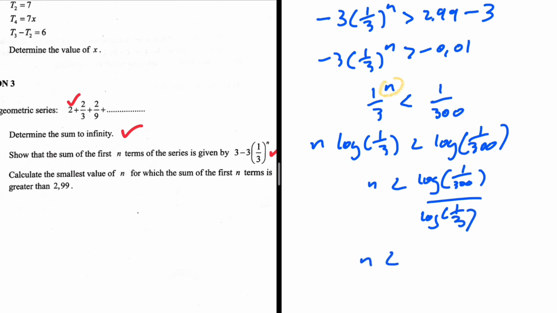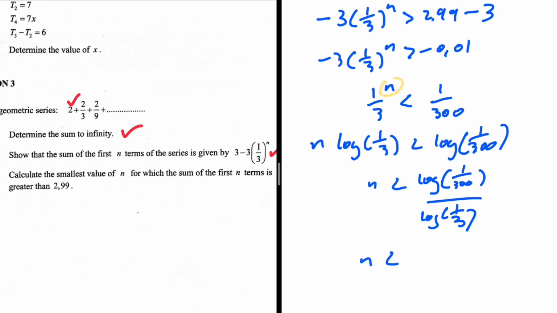So n is less than, okay, let's take a look. Log of 1 over 300 divided by log of 1 over 3. Let's see.